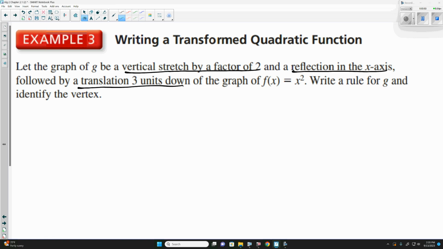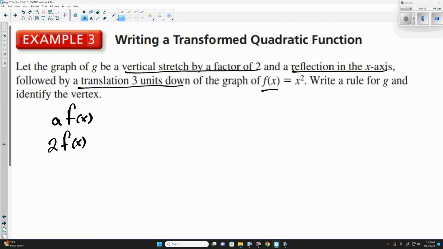So when we apply a vertical stretch, we'd have a times f of x. This is our vertical stretch or shrink. Now the value of a is indeed 2. So we have 2 times f of x. Now, we didn't do anything to the x inside the parentheses.